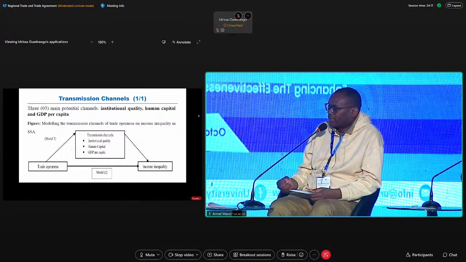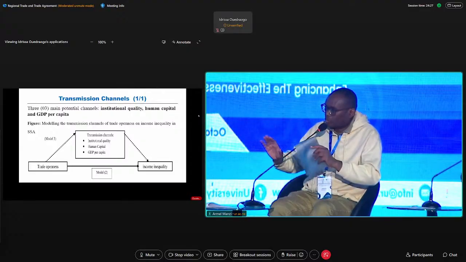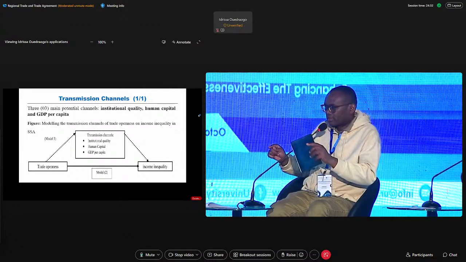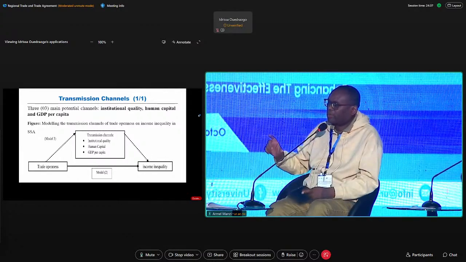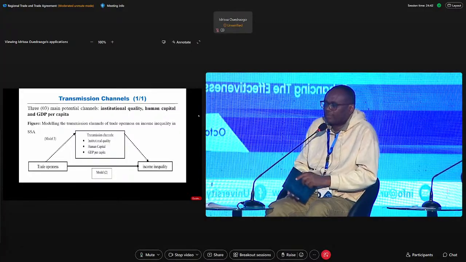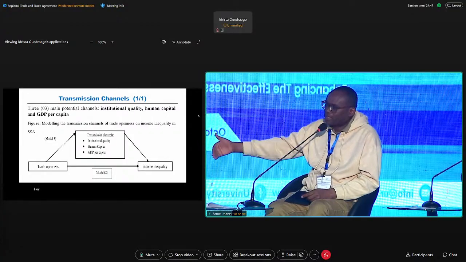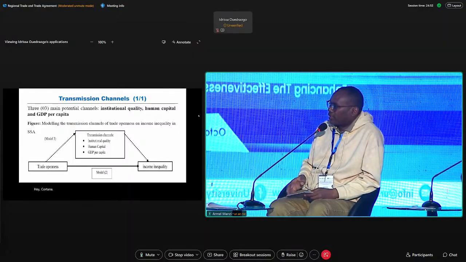A country with developed human capital will get more equally distributed income, because, for example, at household level, development in the country means each household has an element of human capital development, which means the distribution will be more equitable.